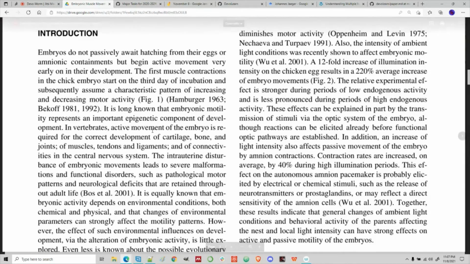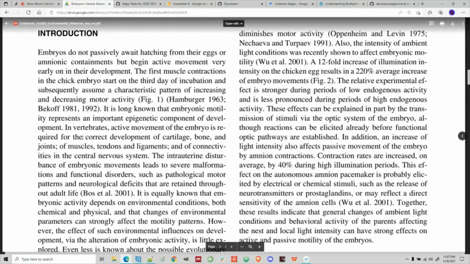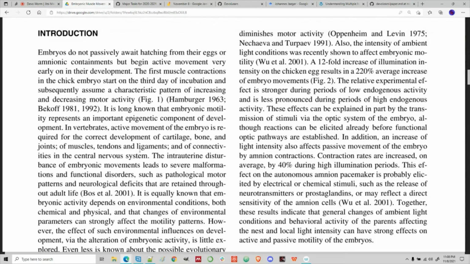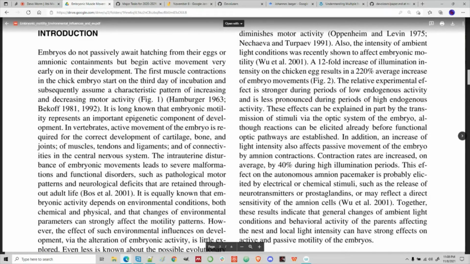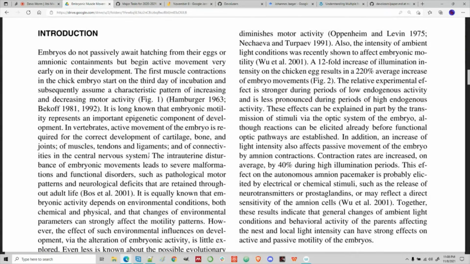So in vertebrates, active movement of the embryo was required for the correct development of cartilage, bone, and joints, of muscles, tendons, and ligaments. So this isn't just muscle, this is everything in the body, and of connectivities in the central nervous system. A lot of these movements are driving these things to develop.